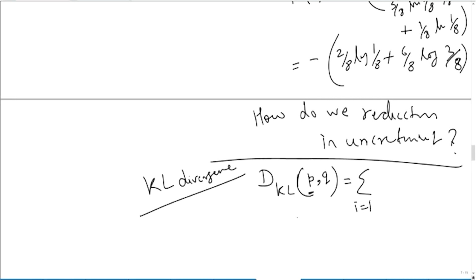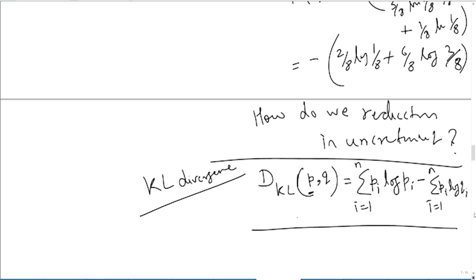So, the first one is summation i from 1 to n of Pi log Pi, minus summation i from 1 to n of Pi log Qi. Okay. So, this will give us KL divergence.